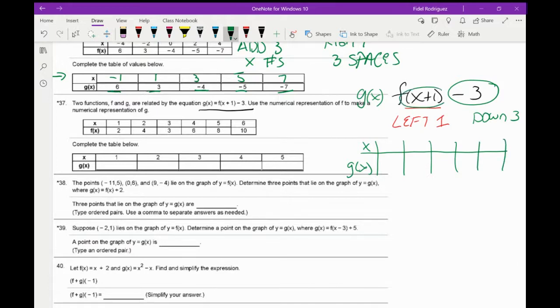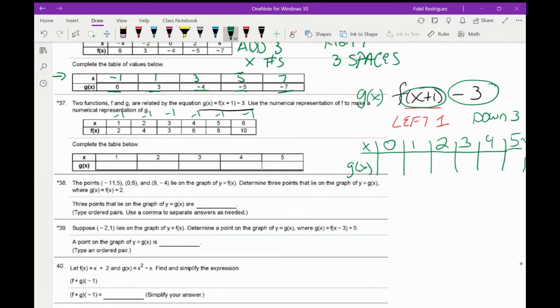So we're going to go to the left 1 space and down 3. So I'm going to subtract 1 from each of these numbers up here. So 1 minus 1 is 0. 2 minus 1 is 1. 3 minus 1 is 2. 4 minus 1 is 3. 5 minus 1 is 4. And 6 minus 1 is 5.